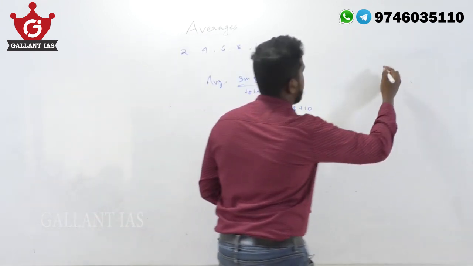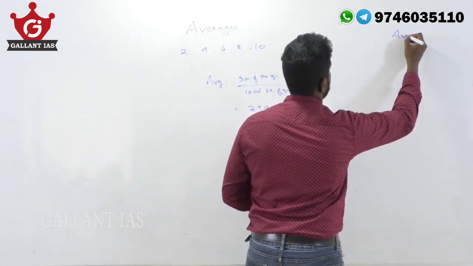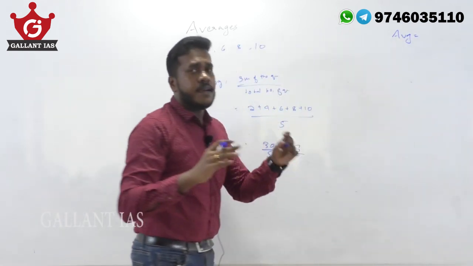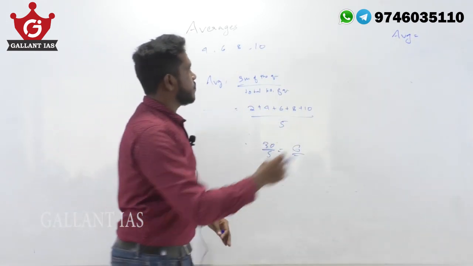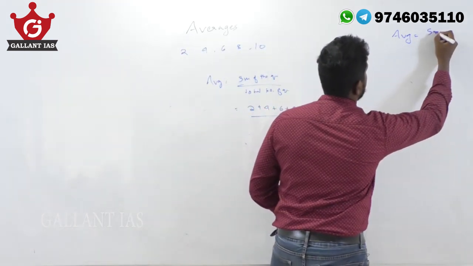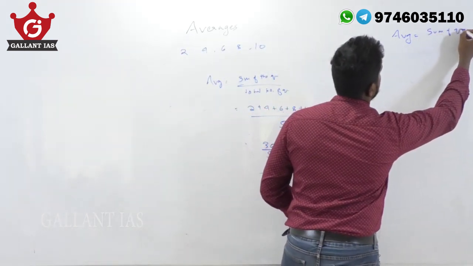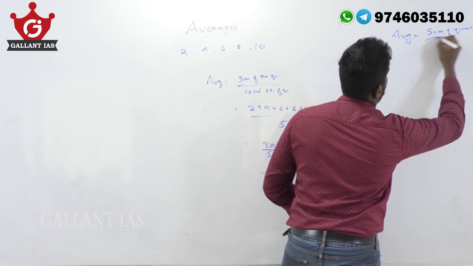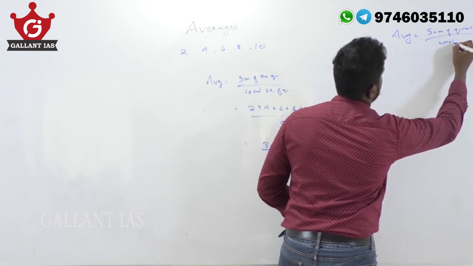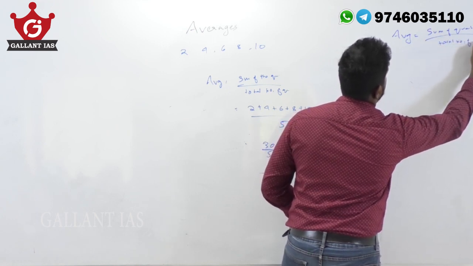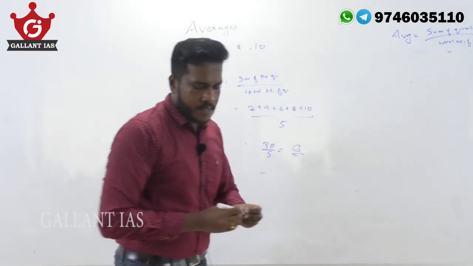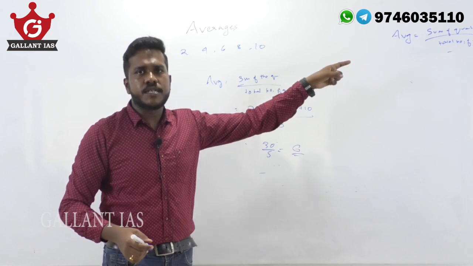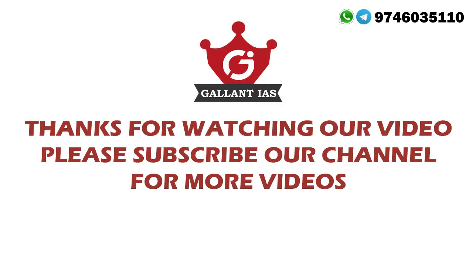I'm going to write this equation right here, and we're going to use it in all the problems that will be coming. Sum of the quantities divided by total number of quantities.